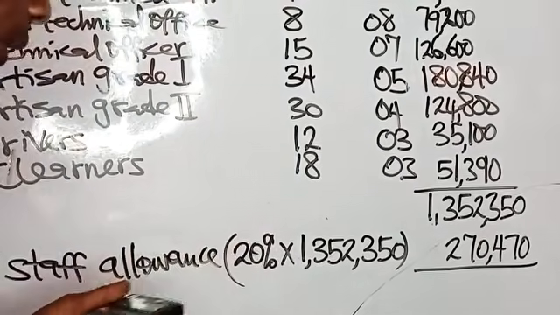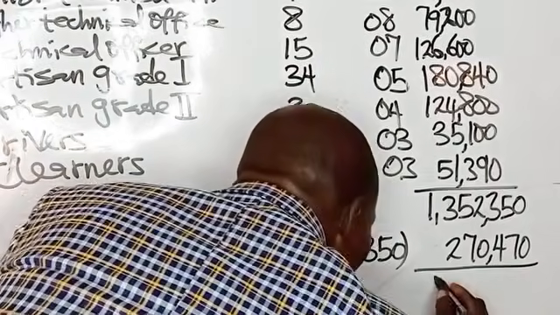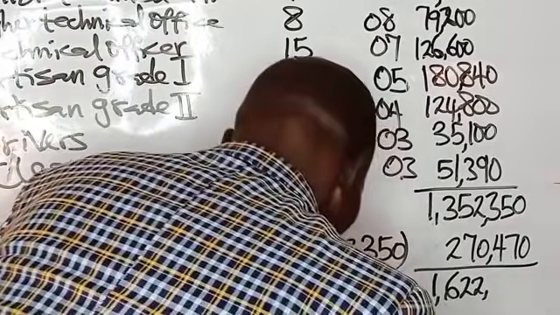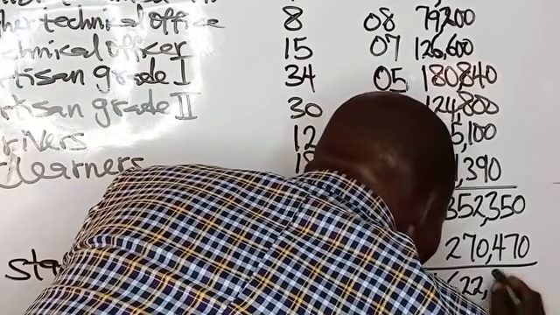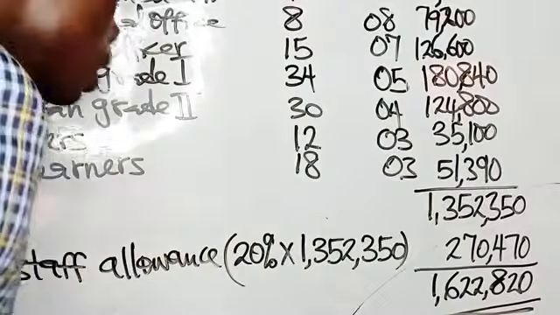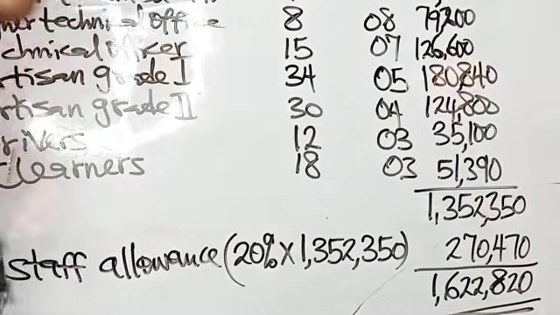Total 1,622,820. This is the total personnel cost. So that is the end of the solution to the question.